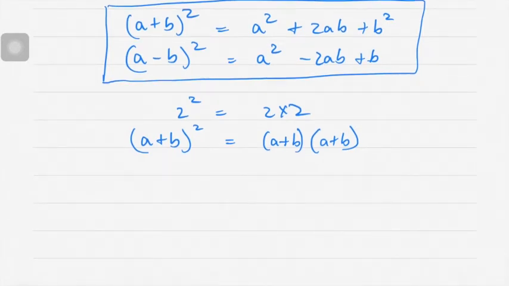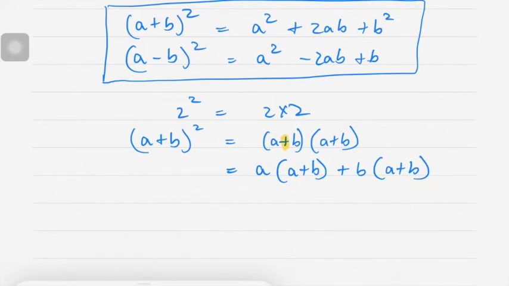When you open the bracket, a into a plus b, and the middle sign is plus, so I'll write here plus b into a plus b. You are supposed to multiply the first term with the bracket and then the second term with the bracket, correct?